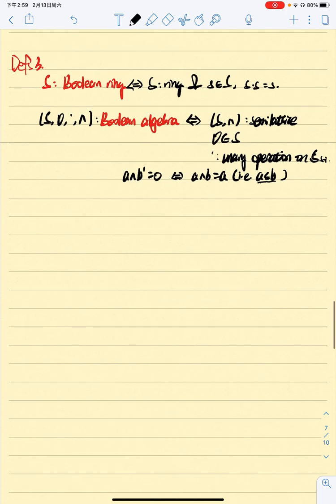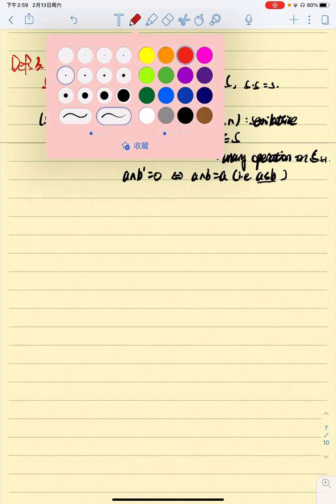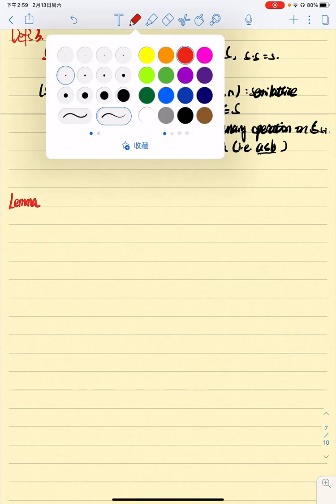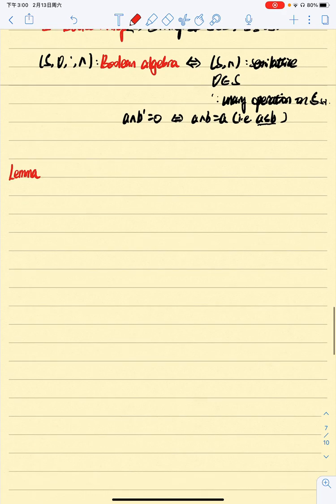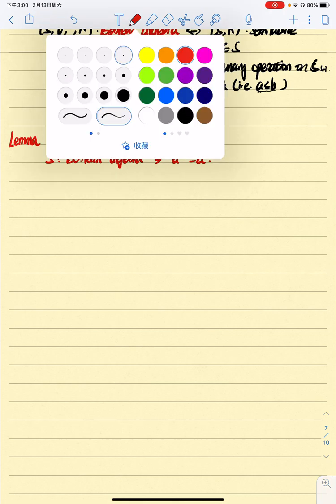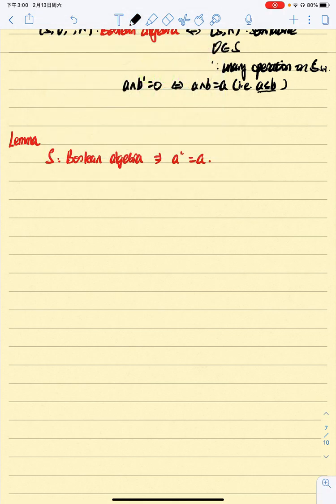Okay, now let's see the lemma. If S is a Boolean algebra, then A double prime is A. Okay, to prove this, we should prove it in two different parts.